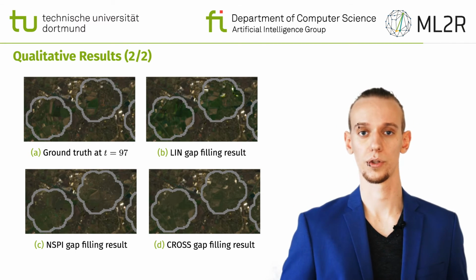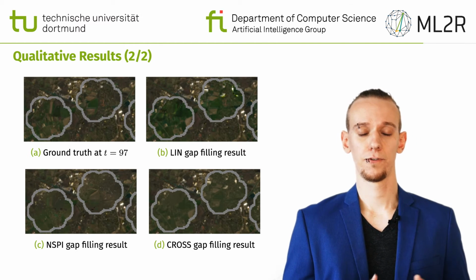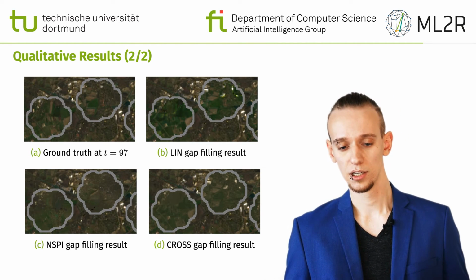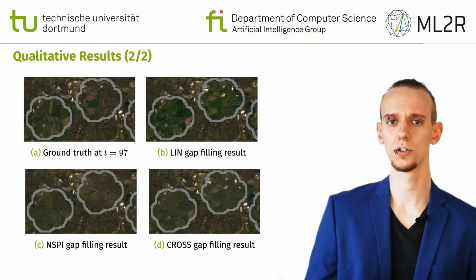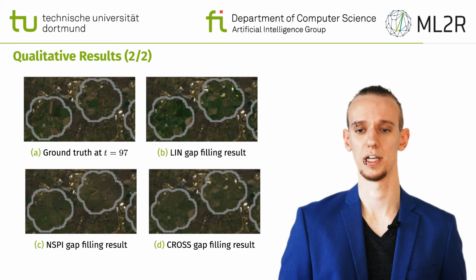It doesn't really blend well with its surroundings. While the NSPI gap filling looks kind of fitting in terms of colors, but there's a lot of structure missing. And I think our result here looks better and kind of combines both. Doesn't look that harsh and out of color, and still captures a lot of structural similarity.